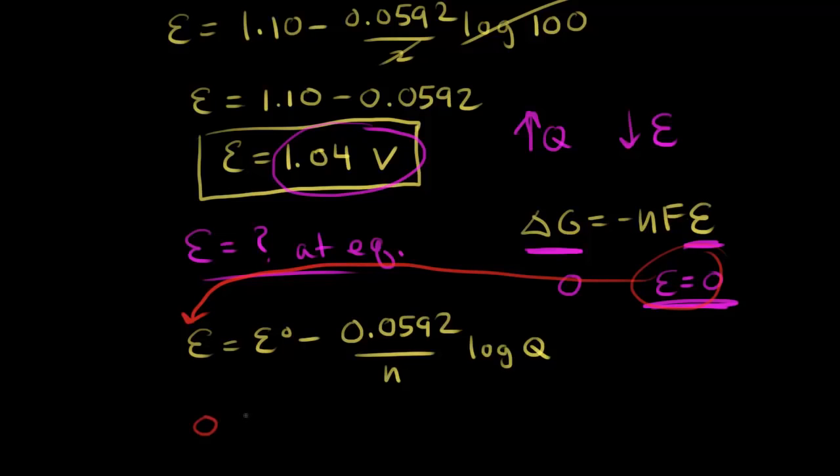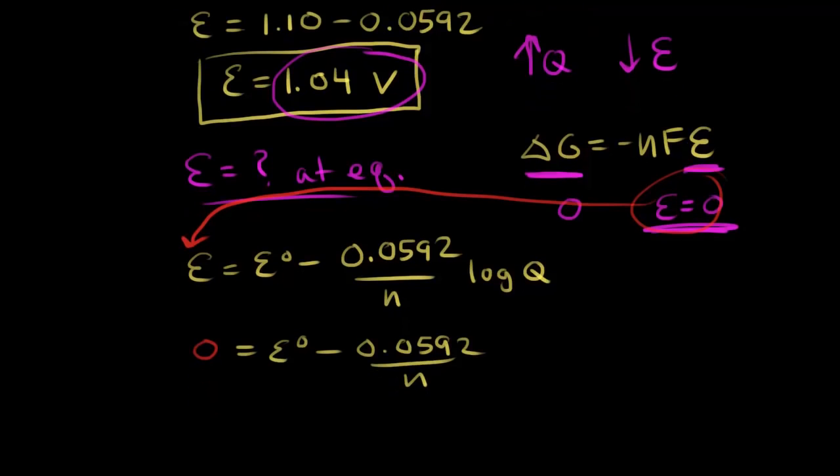So we have 0 is equal to the standard cell potential, E0, minus 0.0592 over N, times the log of Q. But at equilibrium, remember, Q is equal to K. So we can plug in K here. So now we have the log of K.